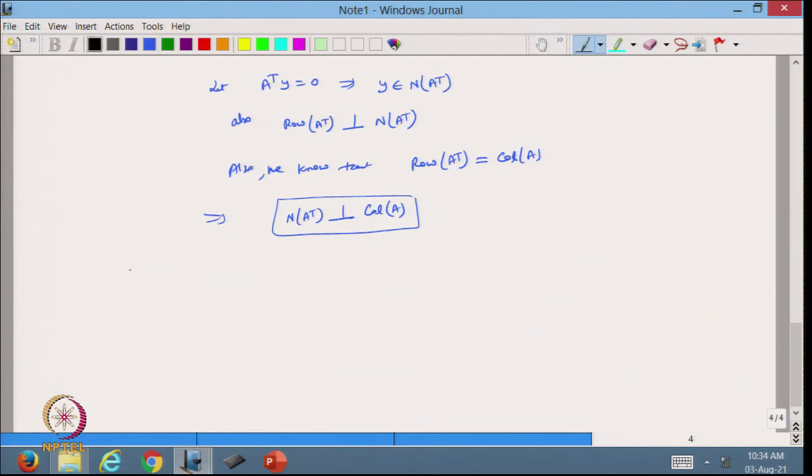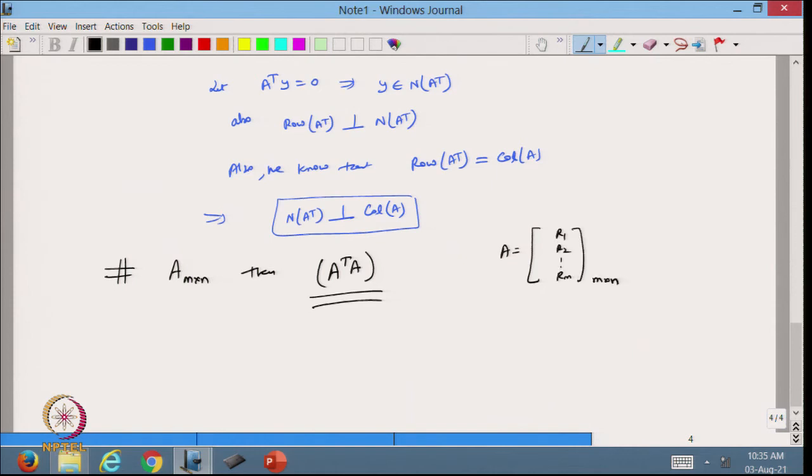Now, one more thing we want to discuss. We want to discuss the matrix A transpose A. Suppose we have a matrix A of m cross n dimension. So, A matrix is basically row 1, row 2, up to row m, that is m cross n.